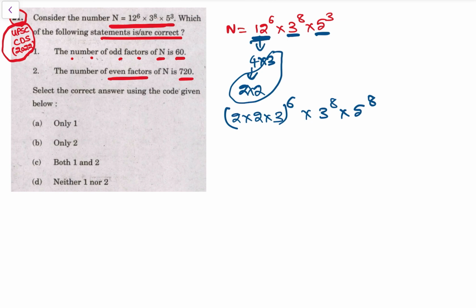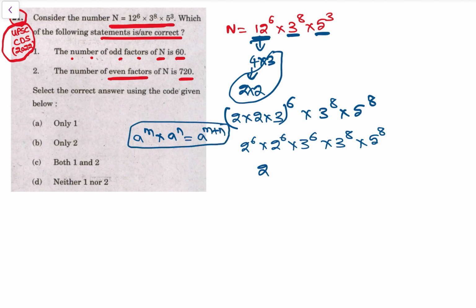So now this is 2 to the power 6 into 2 to the power 6 into 3 to the power 6 into 3 to the power 8 into 5 to the power 3. See, a to the power m into a to the power n is equal to a to the power m plus n.